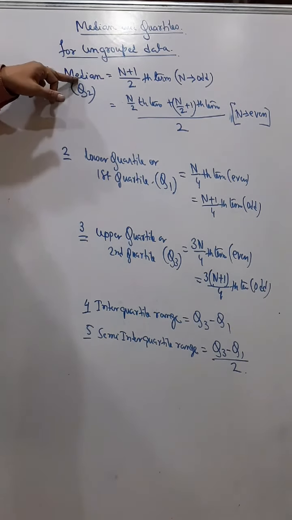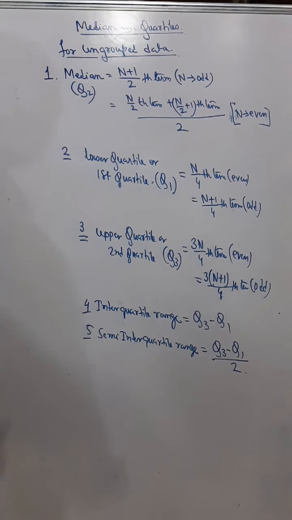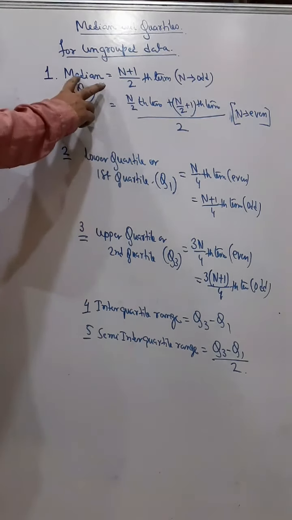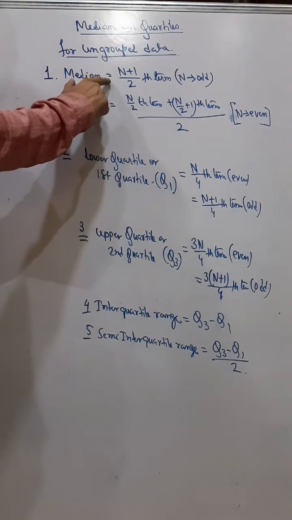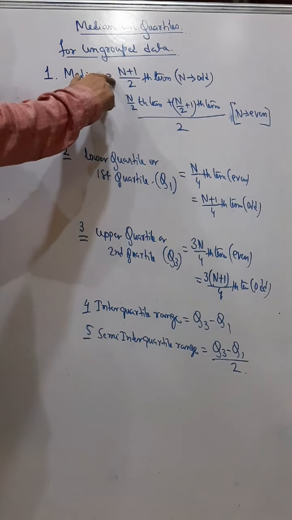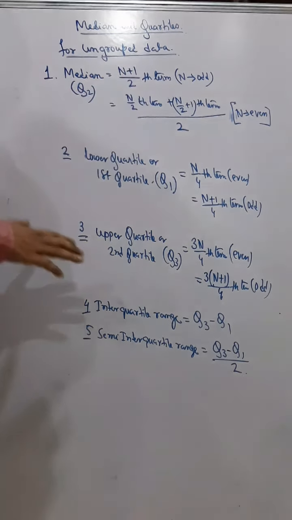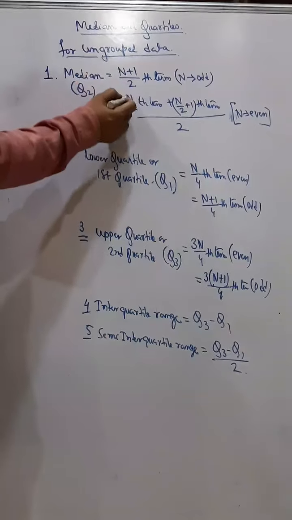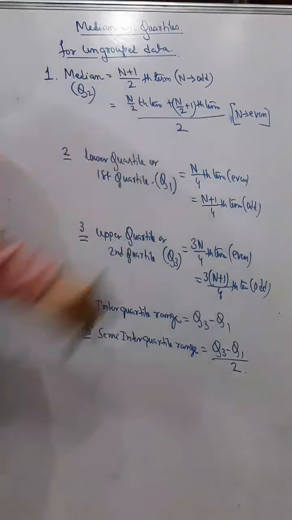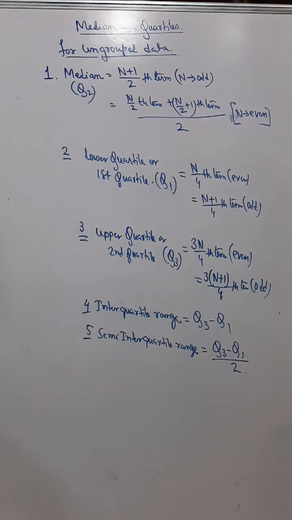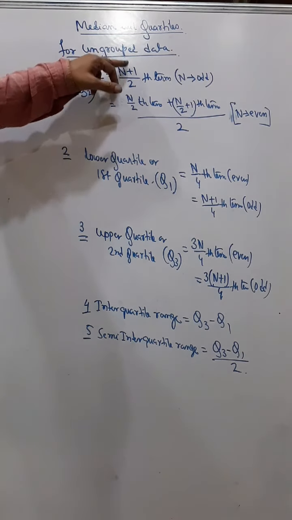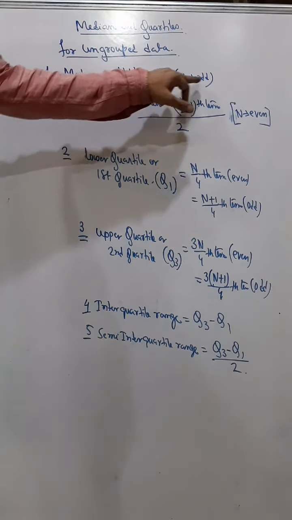Now the median is in fact the mid value. I'll explain when we do the sums, but first understand the formulas. Median is equal to the (n plus 1) by 2th term, where n is the number of terms, when n is odd.